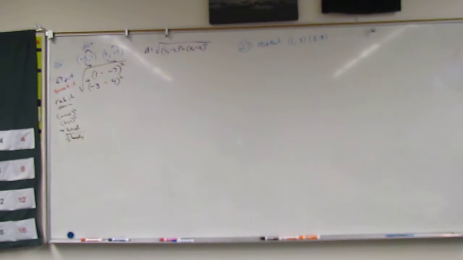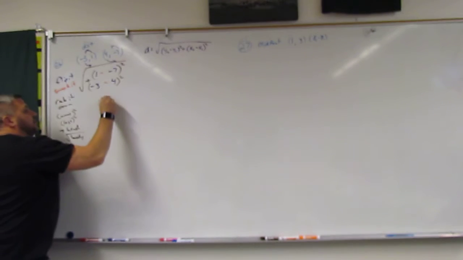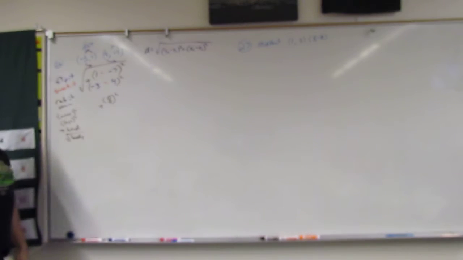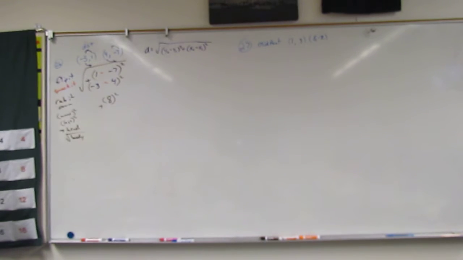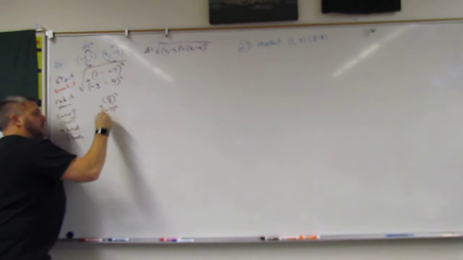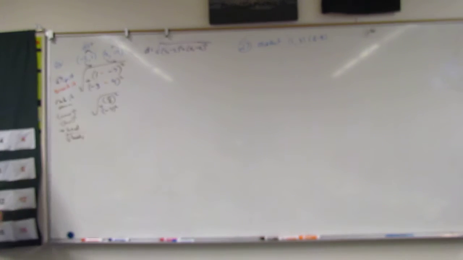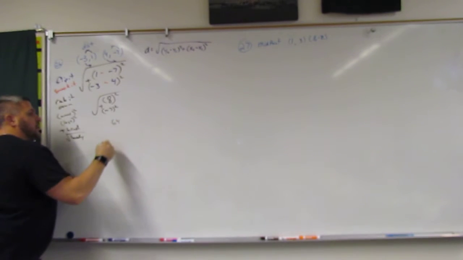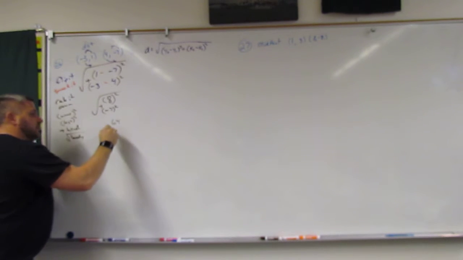And then it's just doing the math. What's 1 minus 7? That's 1 plus 7. What's 1 plus 7? 8. Now negative 3 minus 4? Minus 7. Okay, so then it's 8 squared and it's 7 squared.